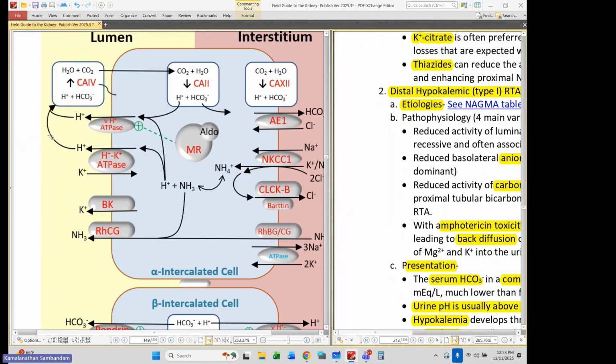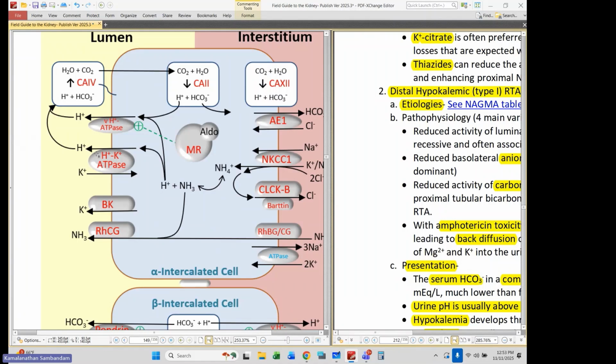If I get ammonium to this urinary space, I should be able to dump as much proton as I want. Why? Because again, ammonium has a pKa where it is essentially a base. It will accept a proton. It leaves protonated.